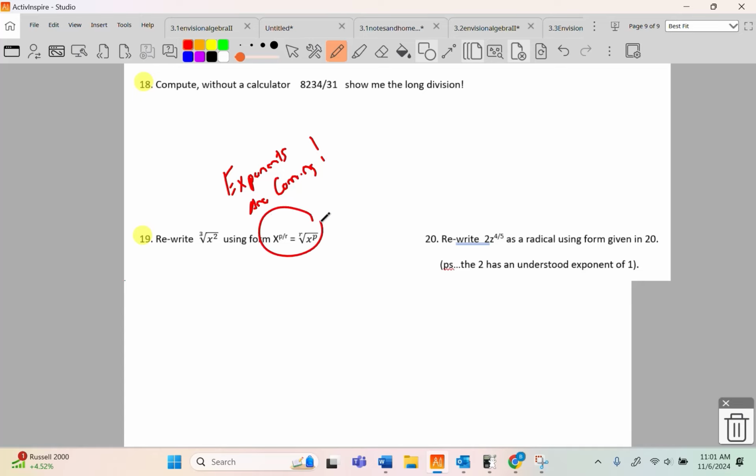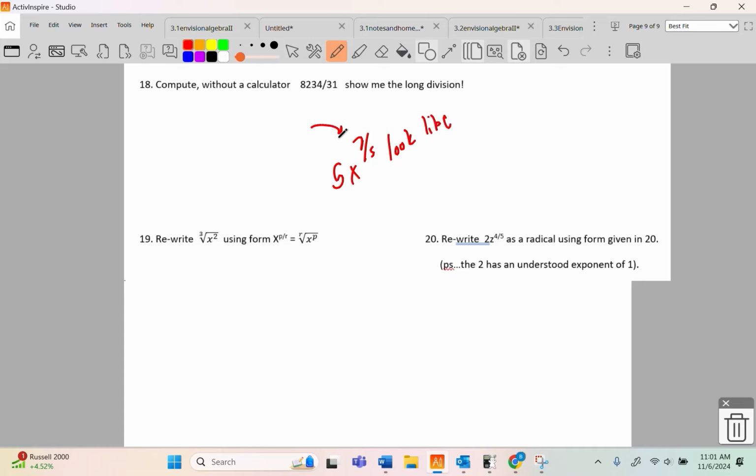All right, so let's talk about this one. Let's talk about maybe something like this. What does 5x to the 7/5 look like? So the 7 is the power, and the 5 is the root.